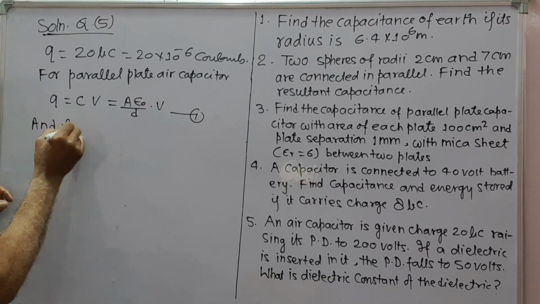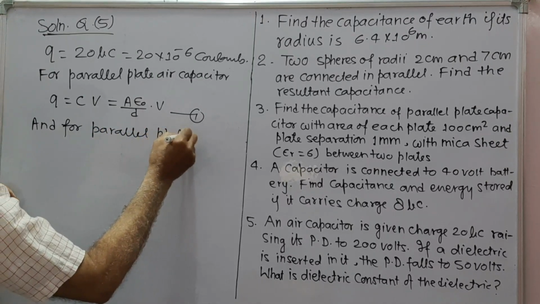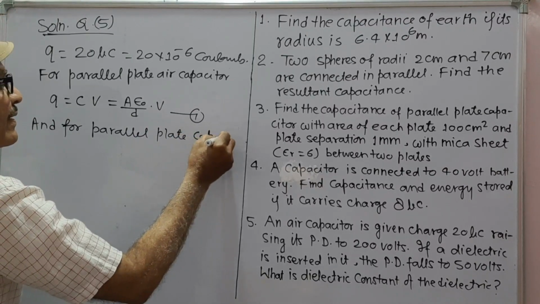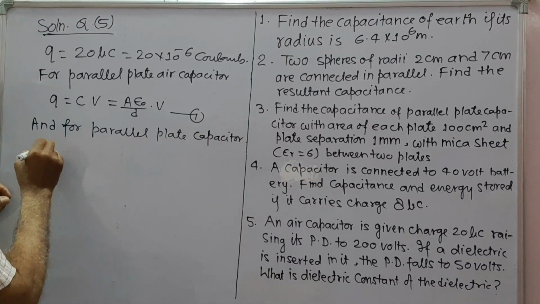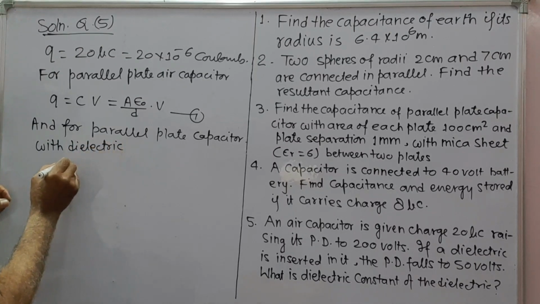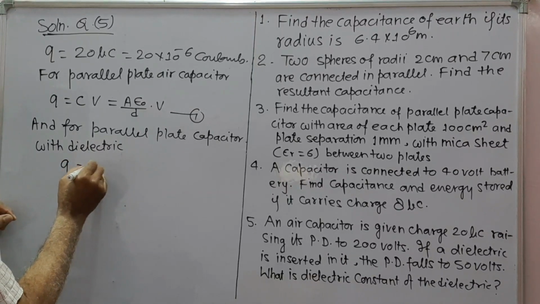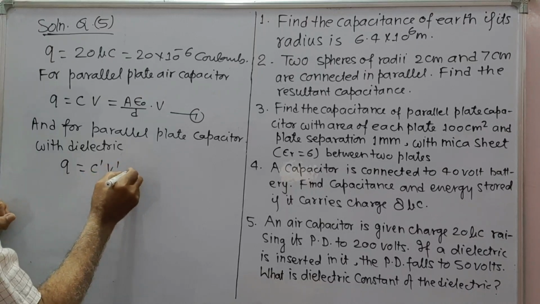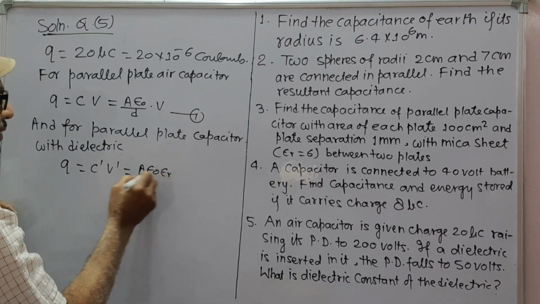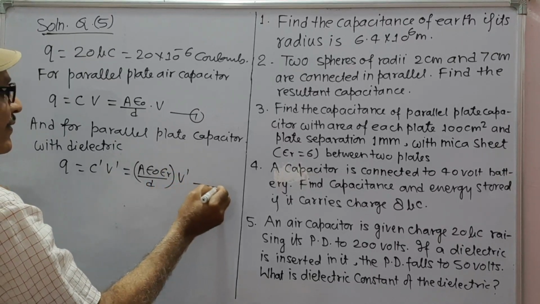And for a parallel plate capacitor with dielectric, Q will be same from the law of conservation of charge. This will be C dash into V dash. So C dash becomes A epsilon naught epsilon R upon d into V dash. This is equation 2.